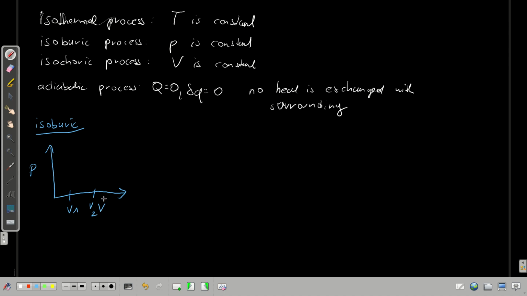So now we expand the gas and the pressure is constant. Here this would be the area underneath the pressure function.